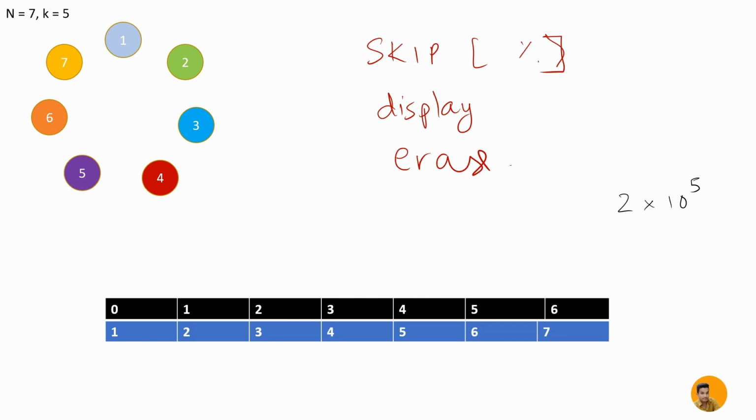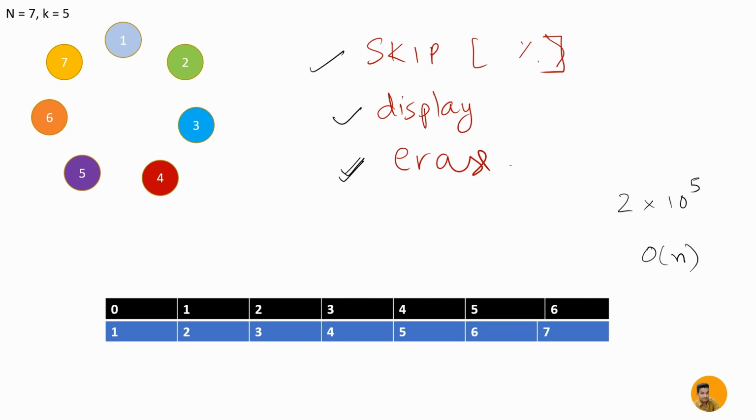So skipping is okay, displaying is okay, and then when it comes to the erasing part, the time complexity of the traditional data structure which we use, let's say vector or set, is O of n.